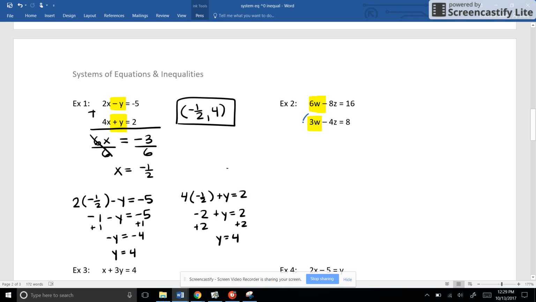If I take this bottom equation and I multiply everything by negative 2, I'm just going to rewrite this. This becomes negative 6w plus 8z equals negative 16. I'm going to add these equations together again and tell me what you notice.